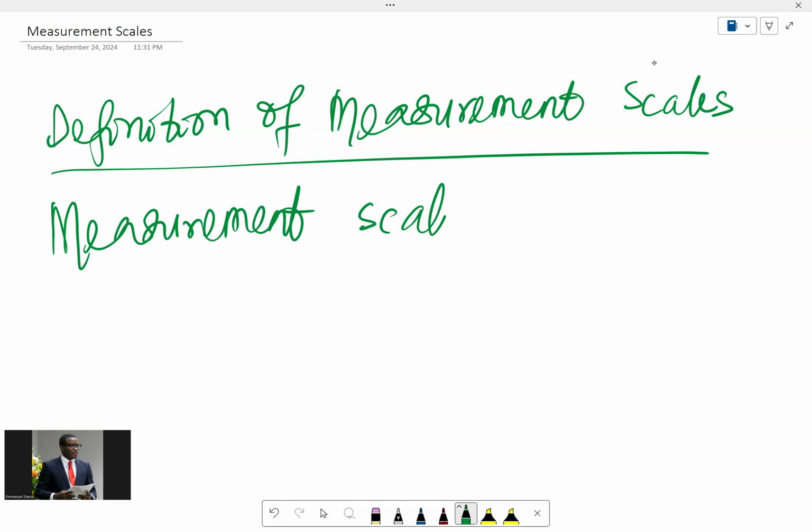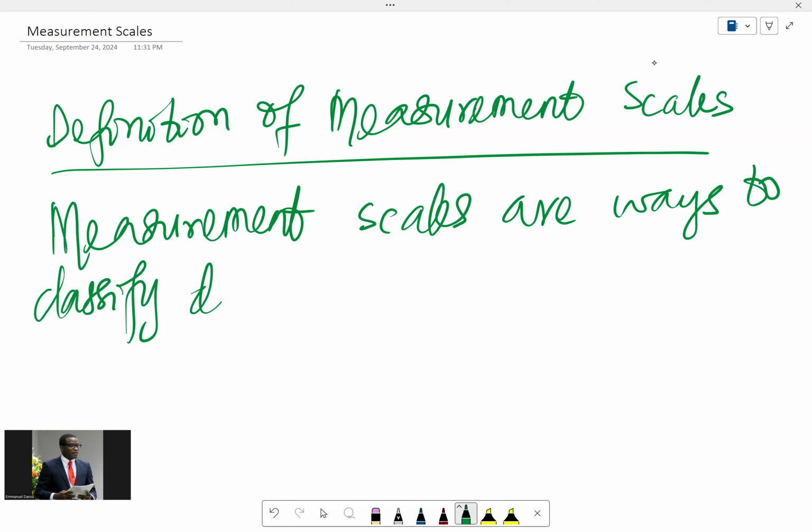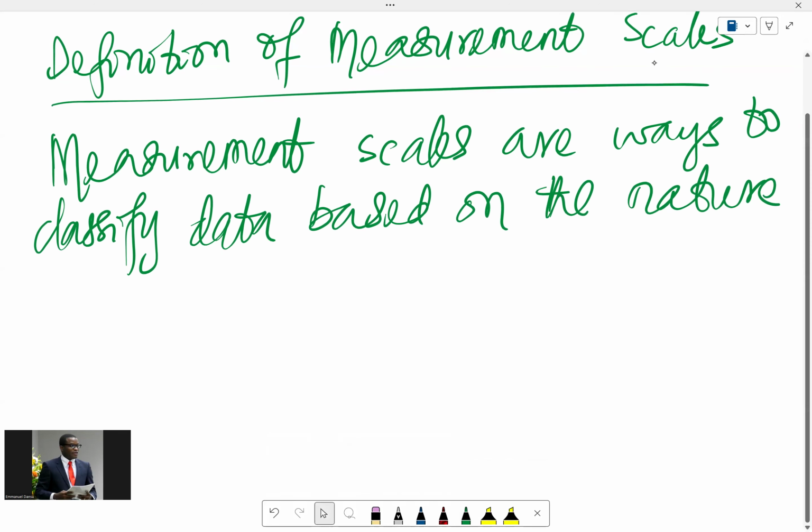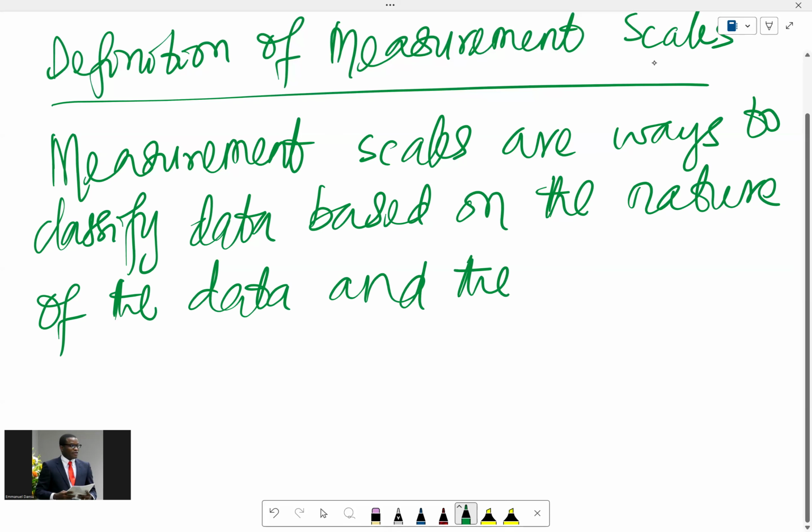Measurement skills are ways to classify data based on the nature of the data and the level of precision required.